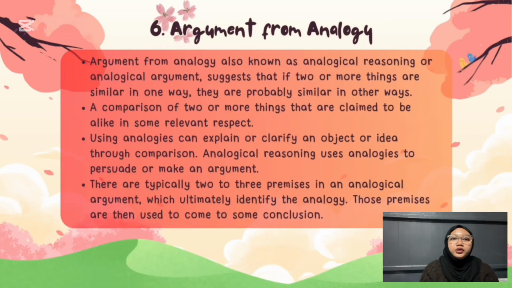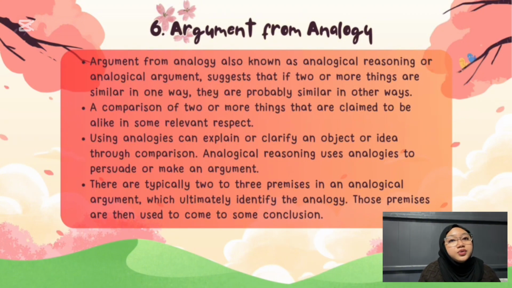What is an argument from analogy? An argument from analogy, also known as analogical reasoning or an analogical argument, posits that if two or more things are alike in one aspect, they are probably alike in other relevant ways. This type of reasoning allows us to draw conclusions based on the similarities between different subjects.